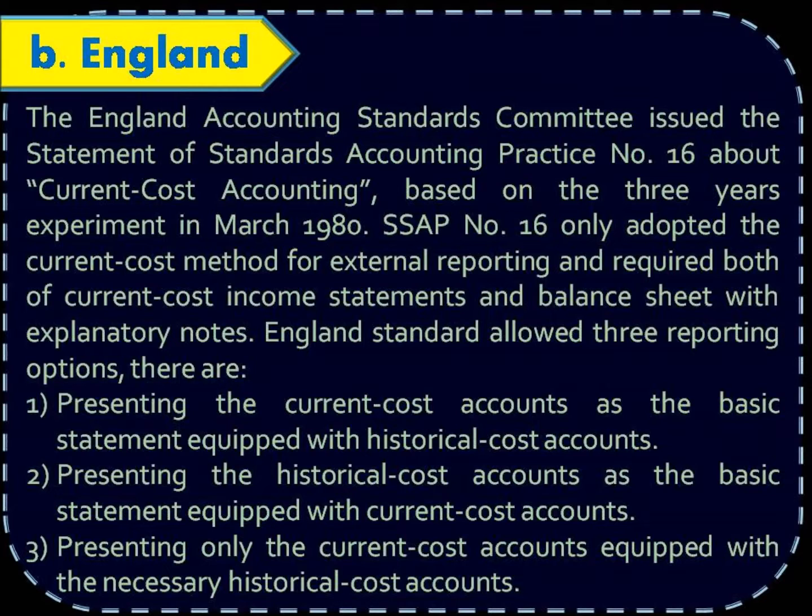England's standard allowed 3 reporting options. There are 1. Presenting the current cost accounts as the basic statement equipped with historical cost accounts. 2. Presenting the historical cost accounts as the basic statement equipped with current cost accounts. 3. Presenting only the current cost accounts equipped with the necessary historical cost accounts.